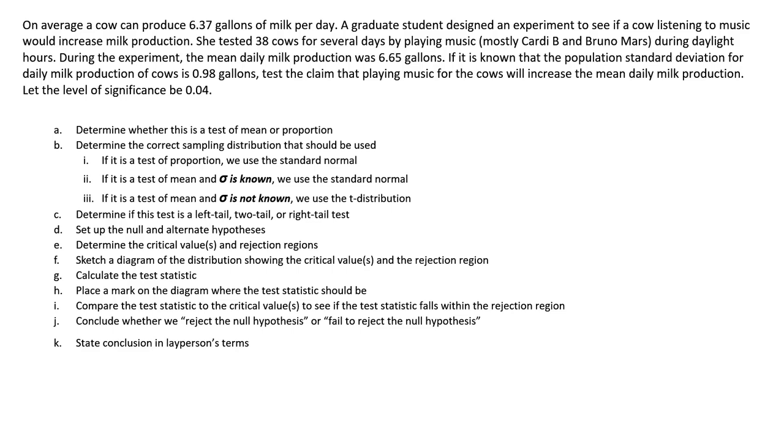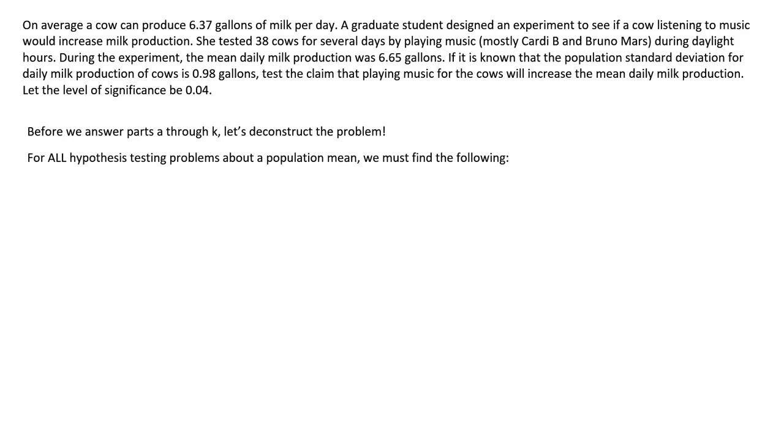Compare the test statistic to the critical values to see if the test statistic falls within the rejection region. Conclude whether we reject the null hypothesis or fail to reject the null hypothesis, and then state the conclusion in layperson's terms.